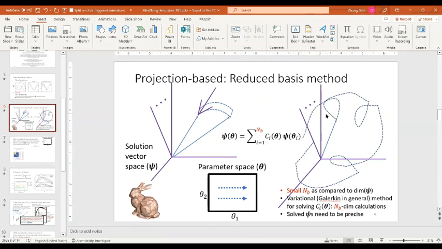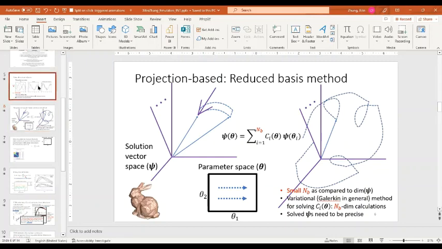If this intrinsic one-dimensional curve moves so much when you explore the parameter space that it effectively covers the whole dimension of the full space, like a million dimensions, then there's no hope for using this method. But for the more gentle problems that we encounter in nuclear structure, this type of method works. People see the ground state vectors move in a low-dimensional manifold.